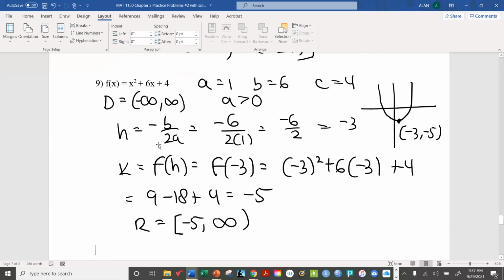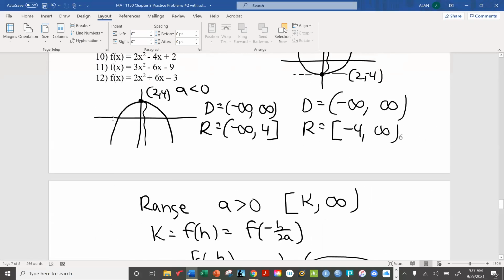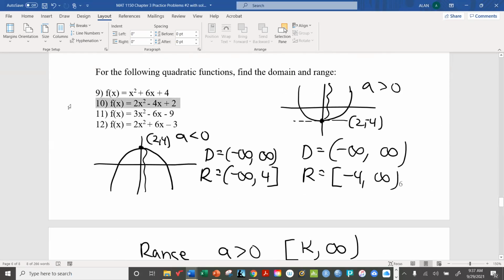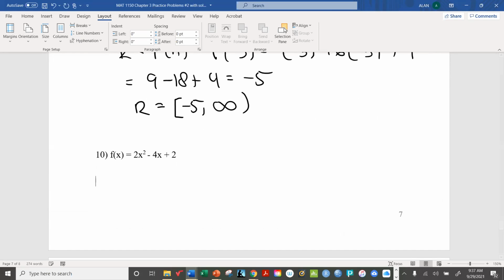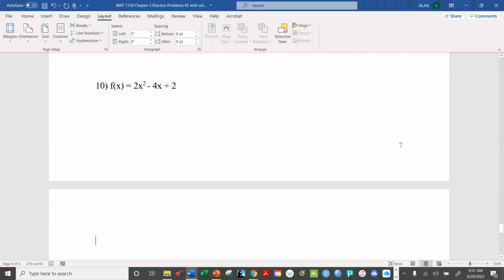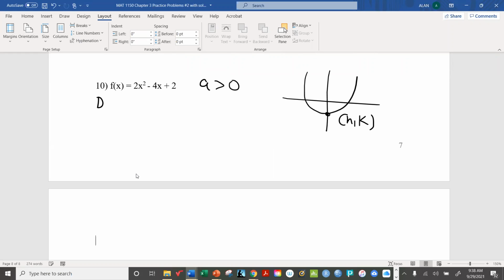All right. So the others are exactly the same. So let me just copy 10 down here so we can see what we're doing. All right, so this one, A is positive. So we're facing up. And so K is the minimum value for the range. The domain is just negative to positive infinity. So let's find the vertex.